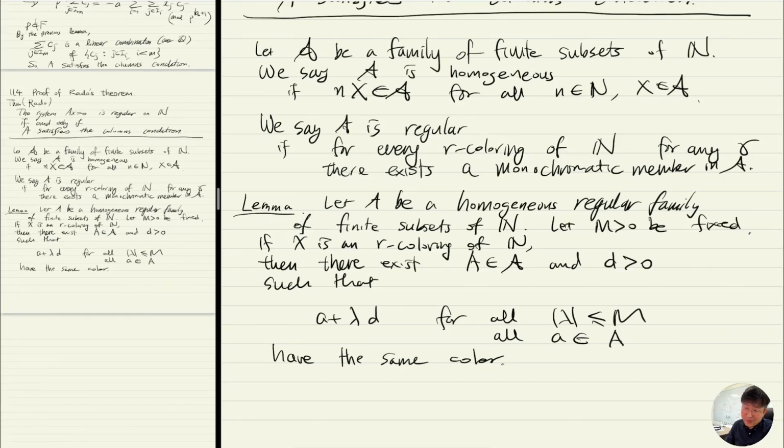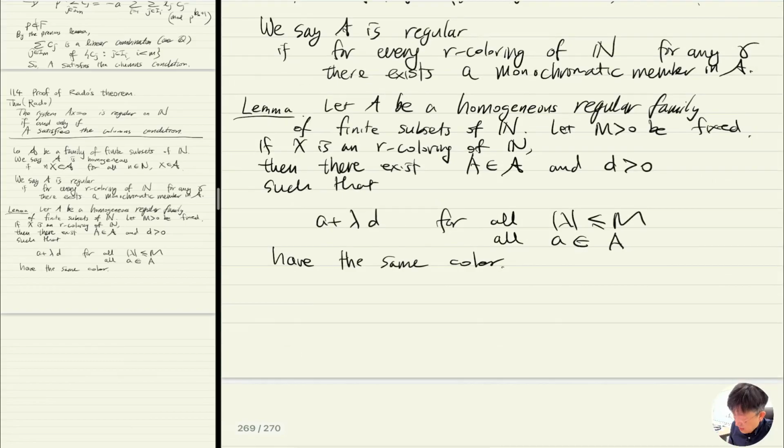So whenever you have a regular family, actually you can extend it further, so that when you have a monochromatic set, even if you change each entry by a small multiple of D, you still have the same color. So D could be big, but, all right.